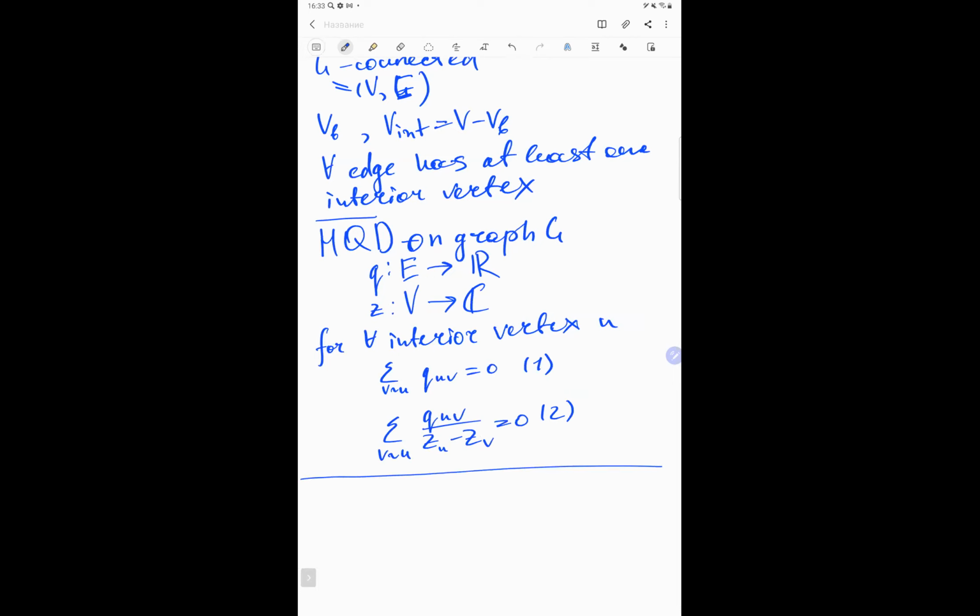And this second requirement is for every interior vertex u, only for interior. Excuse me, what does it mean by v tilde u? It means that the summation is going over all vertices v which are adjacent to u.